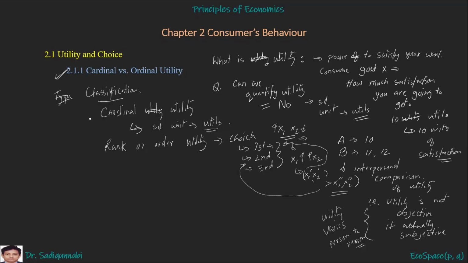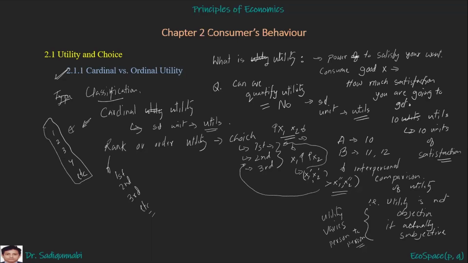So in cardinal, we can say that utility varies 1, 2, 3, 4, etc. But in ordinal, we rank utility as first, second, third, etc. So there is a numerical difference between the ordinal and cardinal. In cardinal, it is 1, 2, 3, 4, 5, and in ordinal, it is ranking first, second, third, fourth, fifth, etc. So what is the difference?